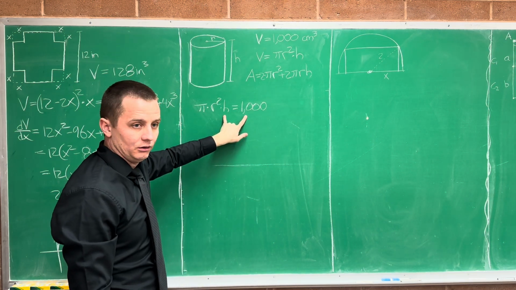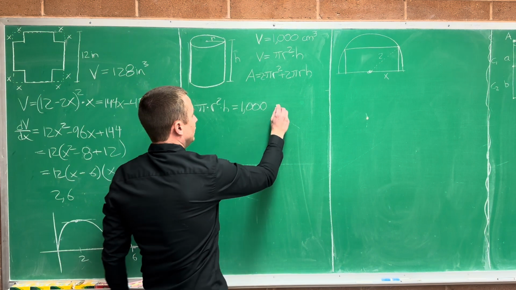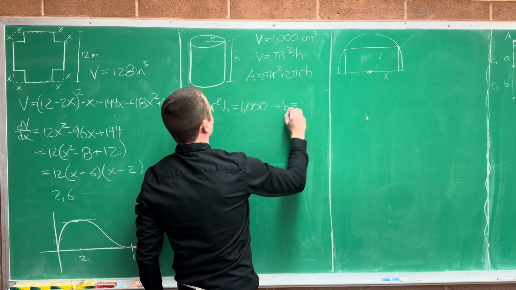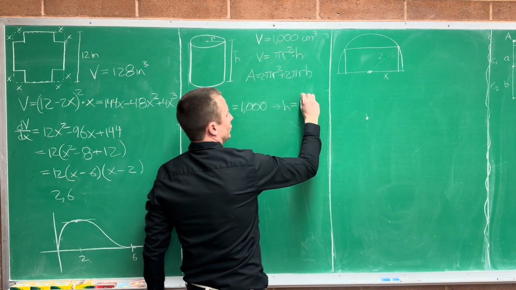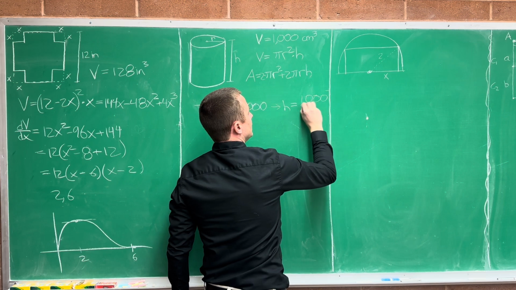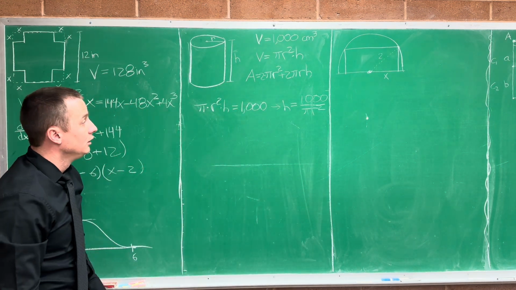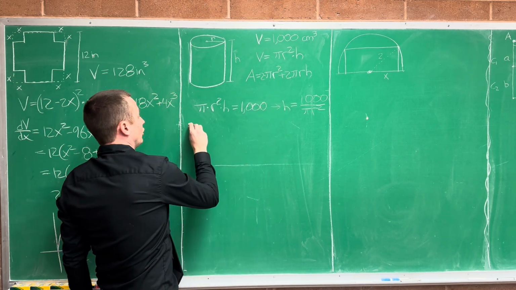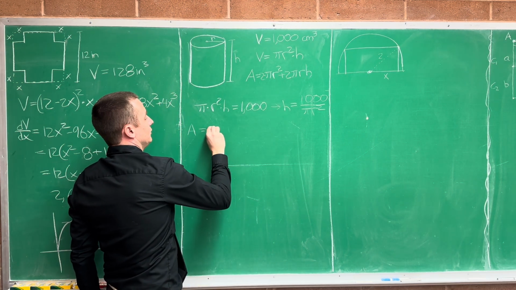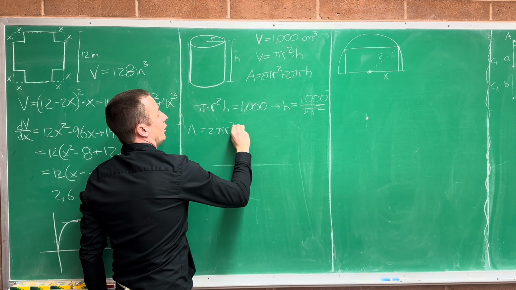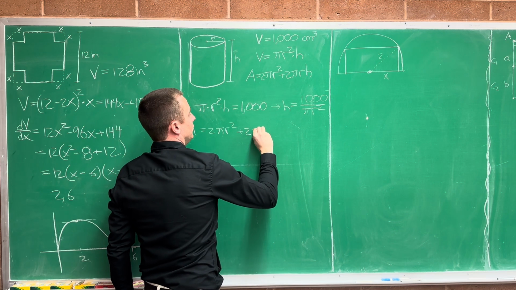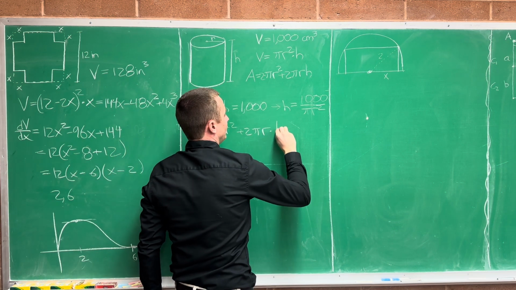Using this information, that gives me that h is equal to 1,000 divided by pi r squared. You follow that? Now substitute that in up here. And so my area is going to be 2 pi r squared plus 2 pi r times h.